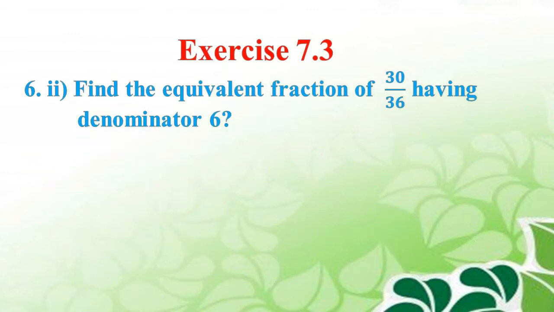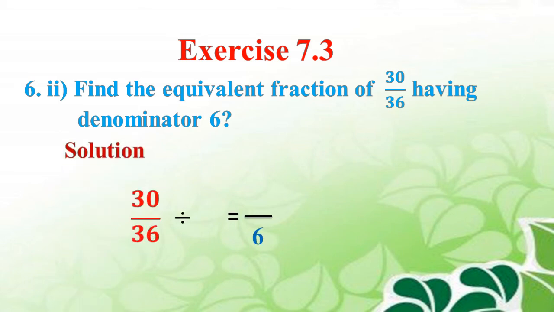And another sum, find the equivalent fractions of 30 divided by 36 having denominator 6. Here it is given 30 divided by 36 because the denominator is 6 only, am I right? So already we have 36, now it is 6, means when we compare the fraction, that is very less, so we want to divide. If you divide, we will get less, isn't it?